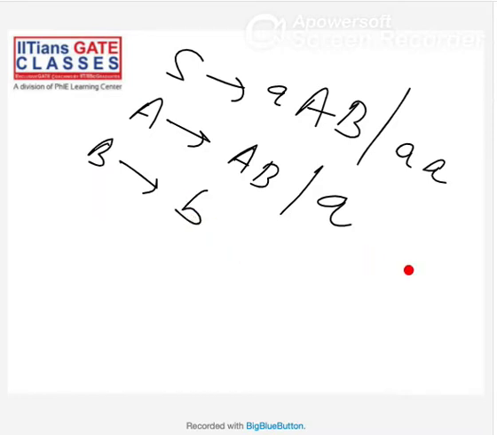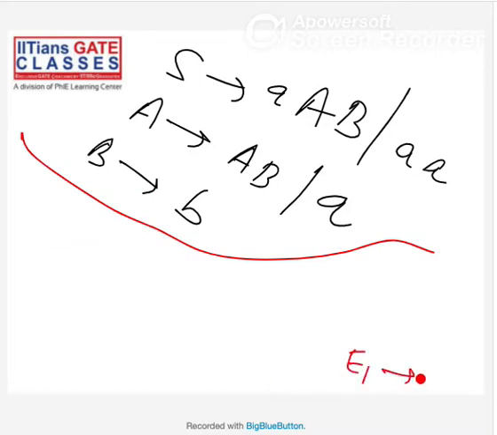Let's assume you have this. You want to convert this into CNF. Then what you can do? Very easy. Just directly make specific symbols for each terminal. You can make like this: E1 goes to A, E2 goes to B. This is how you can make it.